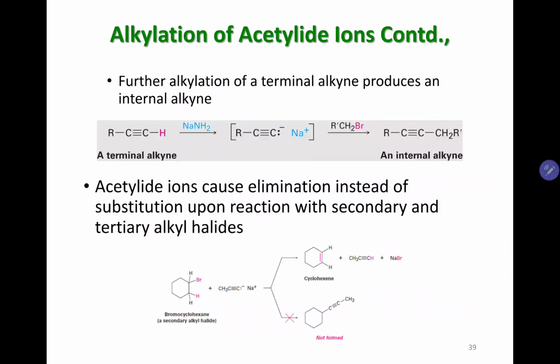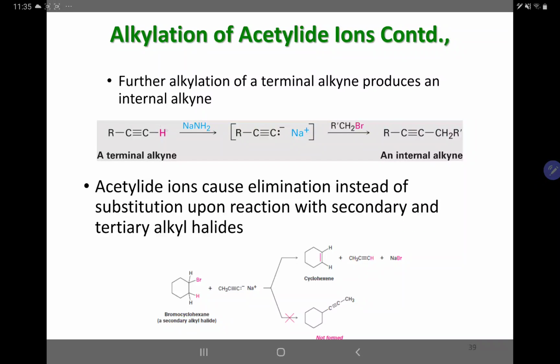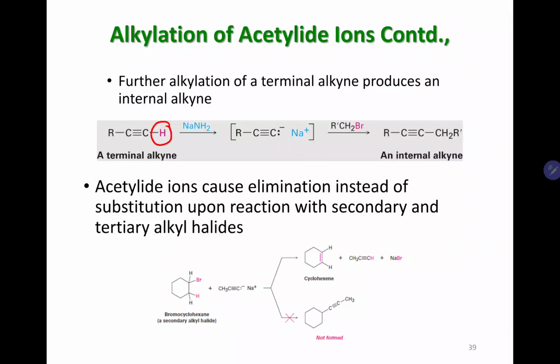Then you can again remove the other hydrogen in the next step and add a new R group if you want to. So you can get asymmetrical alkynes. That is important to know.